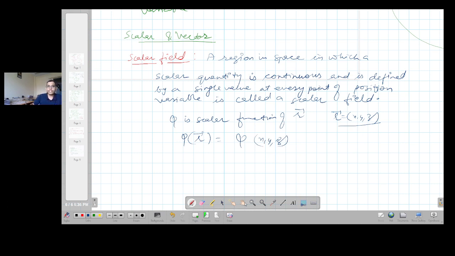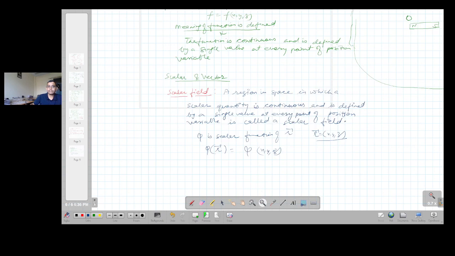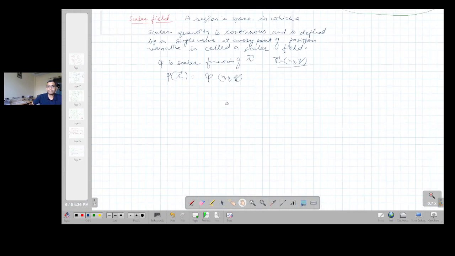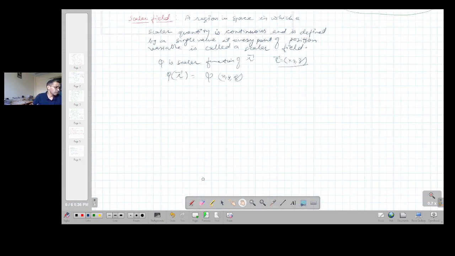Let's try to understand it by taking an example. Consider a metal rod which is heated in some region.